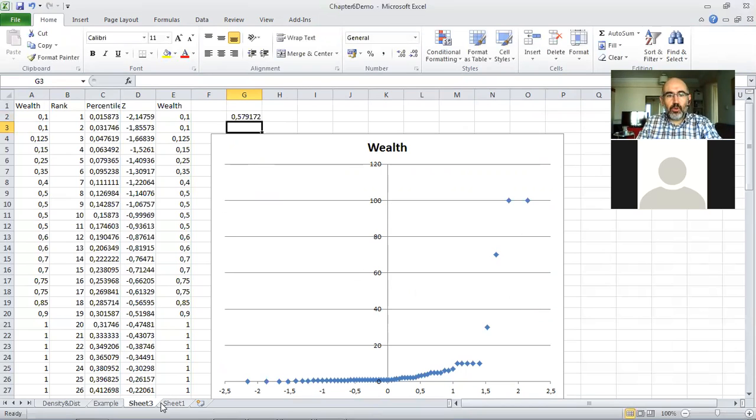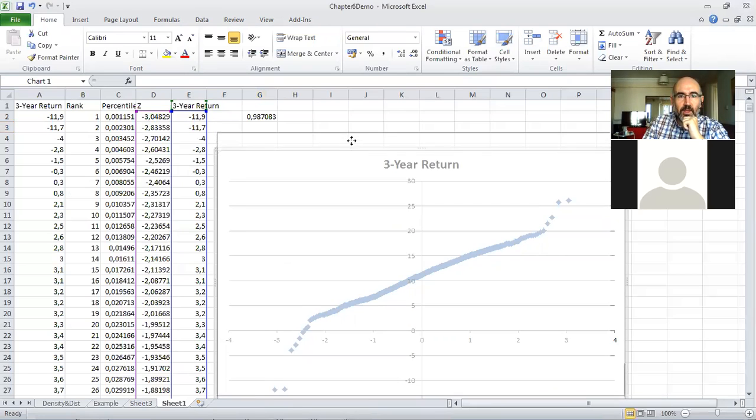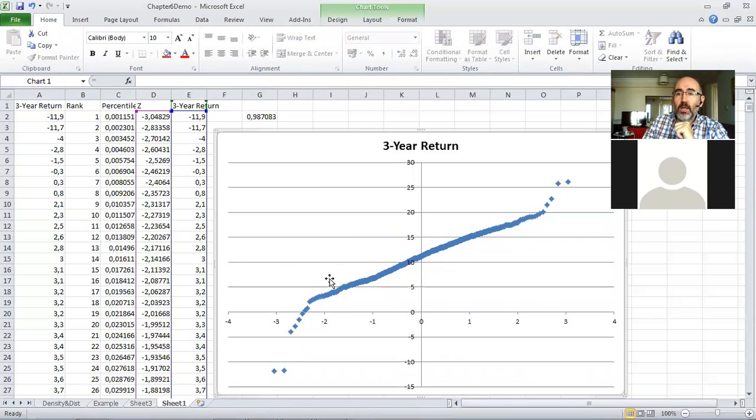So heavily right skewed data versus pretty much normal with a few outlying observations with the 3-year returns data. In the future, of course, we will also consider some hypothesis tests checking for normality.